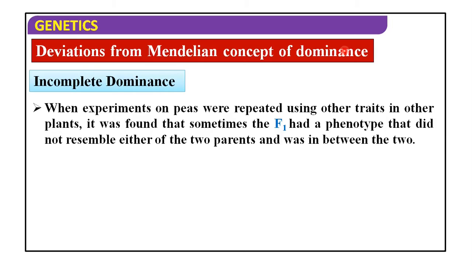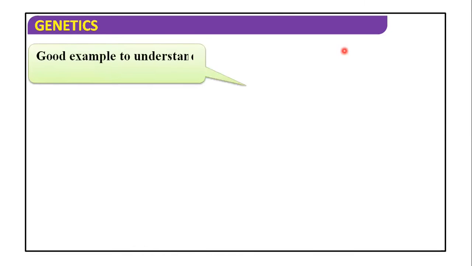In short, I'm going to explain here. In incomplete dominance, both the genes of an allelomorphic pair express themselves partially. One gene cannot suppress the expression of the other completely.